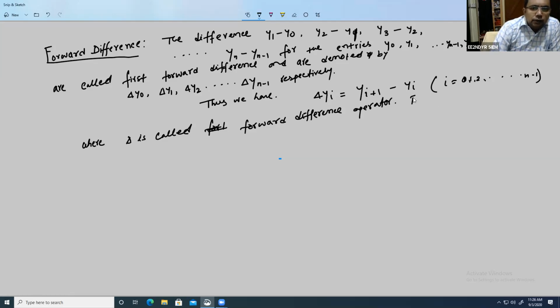In general, the forward difference operator, there will be no gap.